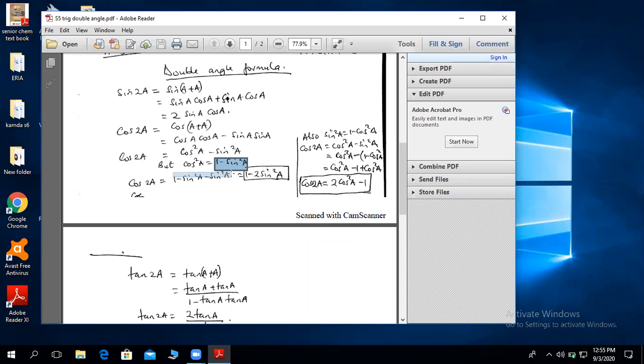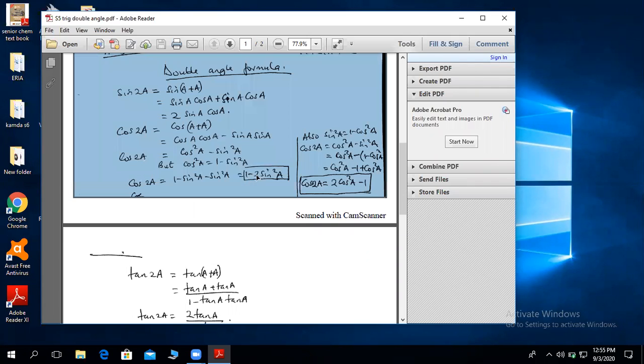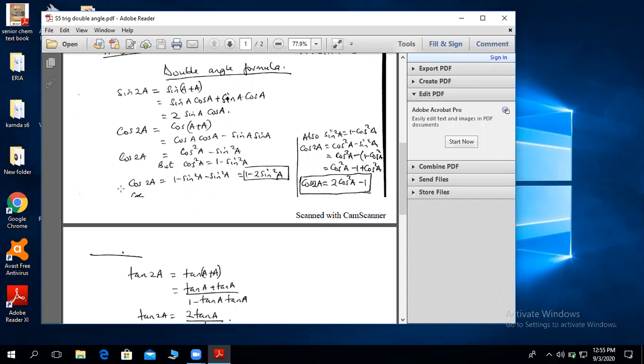I hope you can see it. And the identity now becomes 1 minus 2 sin squared A. So from today and onwards, cos 2A is also the same as 1 minus 2 sin squared A.